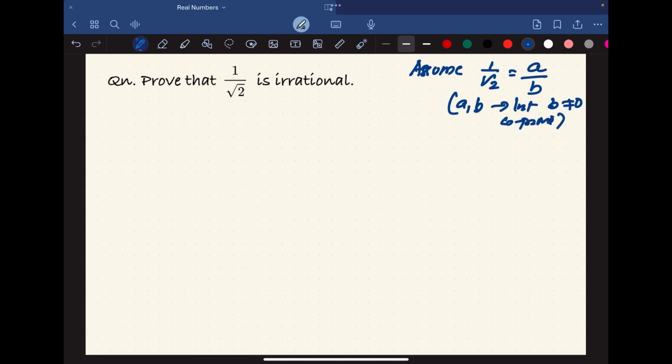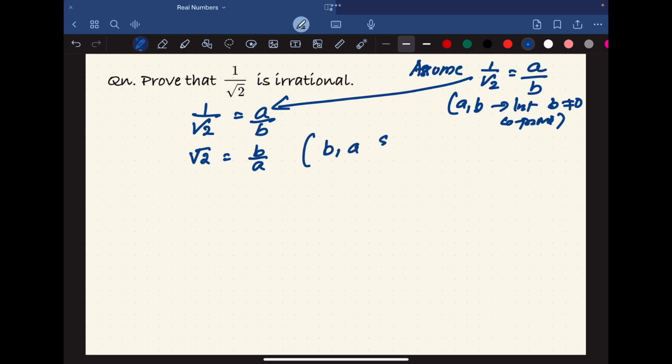So 1 by root 2 is equal to a by b. Now can we write root 2 is equal to b by a? Yes. Here you can see on the right side b and a are integers, and this is a rational number, right? So if that is a rational number, can we say that root 2 is also a rational number?